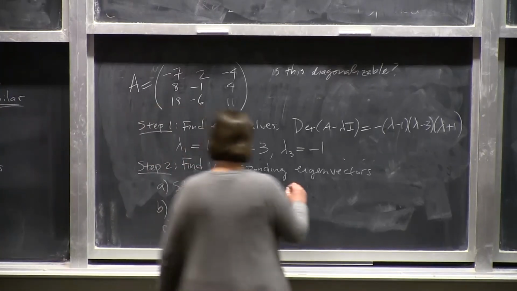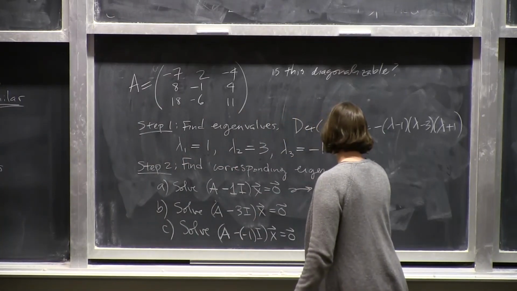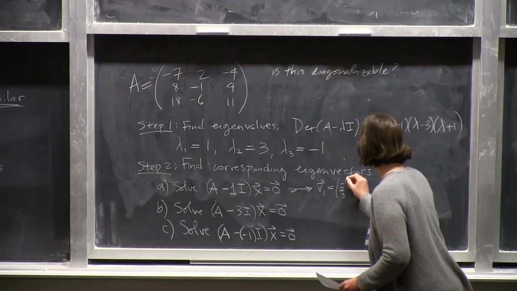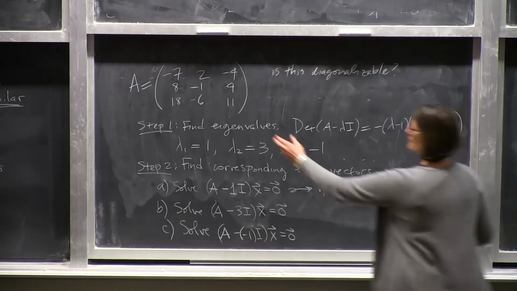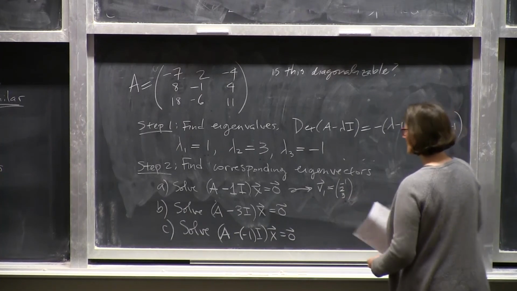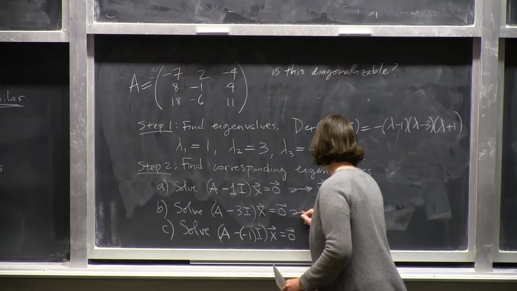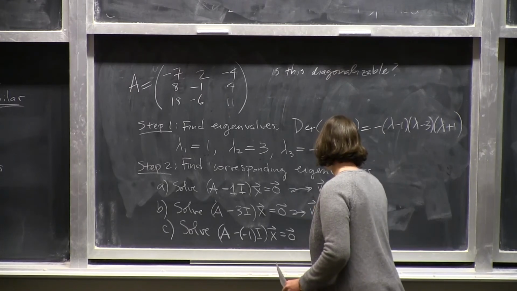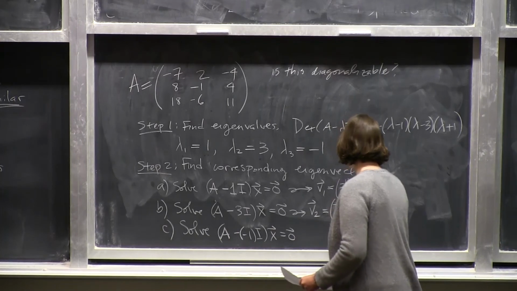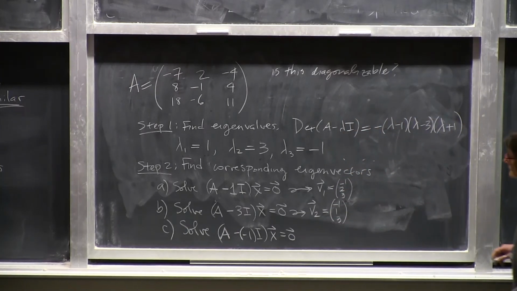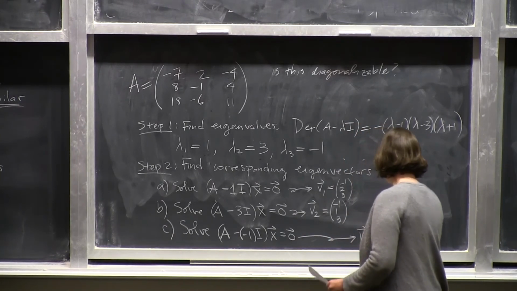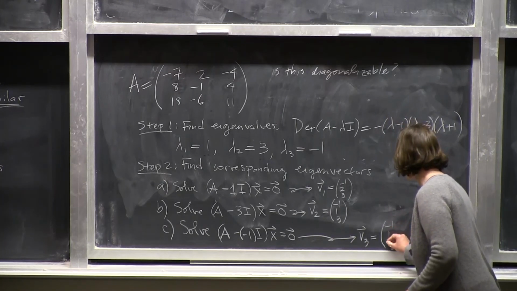From this, I got an eigenvector V1 which is minus 1, 2, 3. And you can check that A times this is equal to 1 times this. From this, I got an eigenvector V2, which was minus 1, 1, 3. And from this, I got an eigenvector V3, which was minus 1, 1, 2.